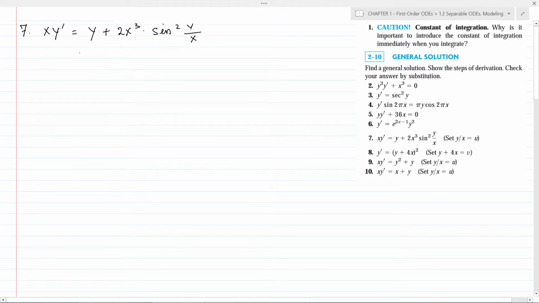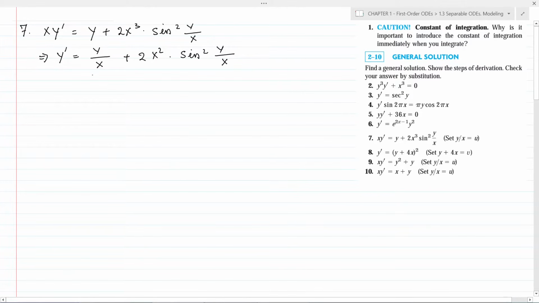Now if we divide both sides of the equation by x, we can get y dash is equal to y by x plus 2x square multiplied by sine square y by x.